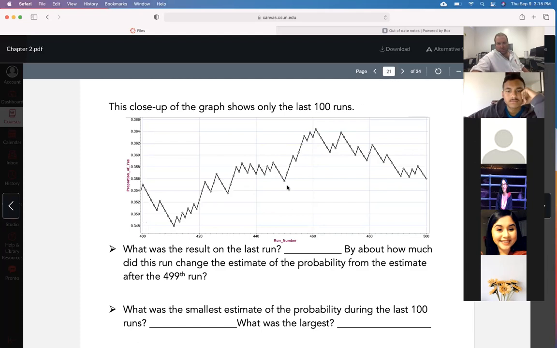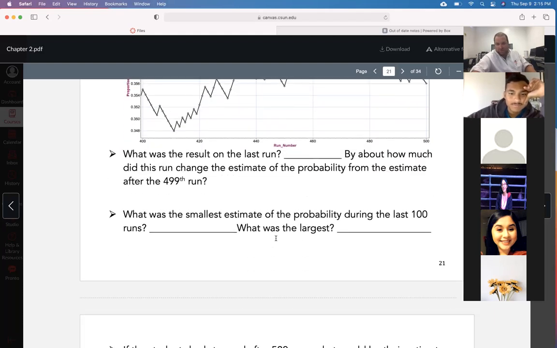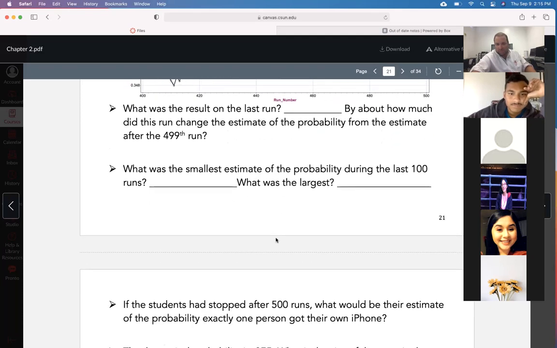So we've really come to stabilization. If over the course of 100 runs it doesn't change by more than 1% or so, you know that you've pretty much stabilized. And what was the largest? About 0.3645, approximately that. You all agree? Does that make sense?